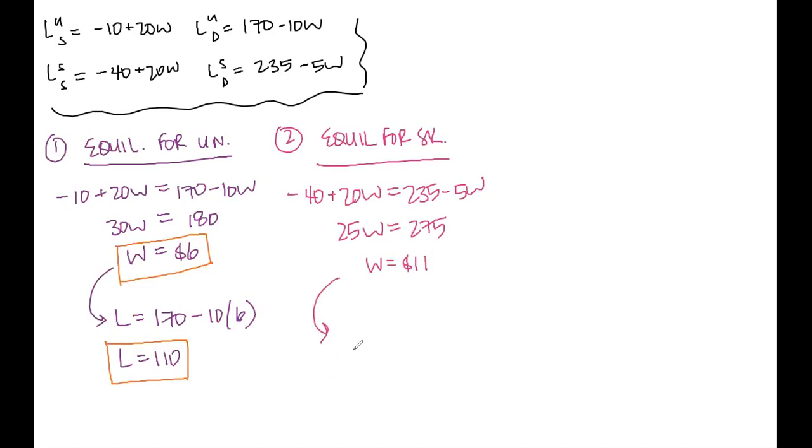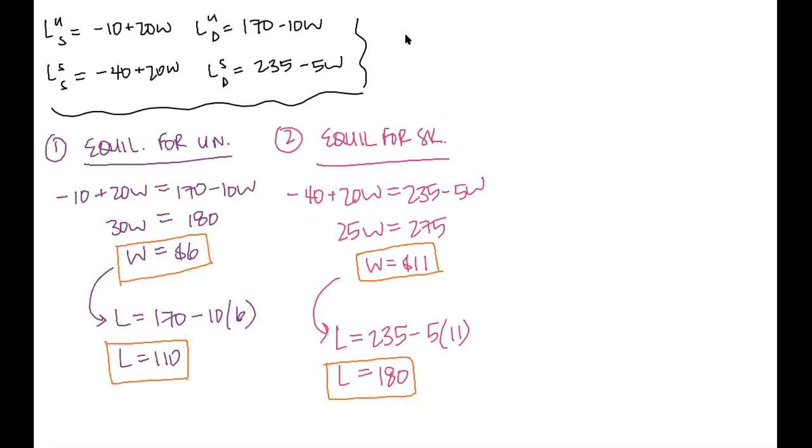I'm going to use the second one again. We get level of employment equals 235 minus 5 times 11. 5 times 11 is 55, so 235 minus 55 is 180. So then thinking back to our graph, we can see that the wages for skilled workers is greater than the wages for unskilled workers. So it satisfies what they gave us in number 3.